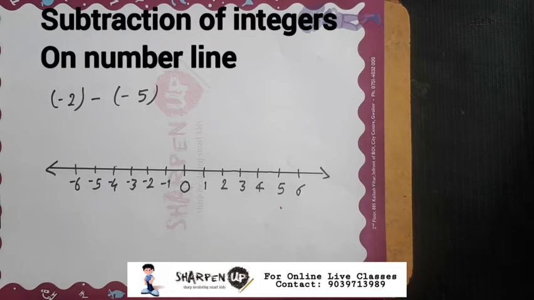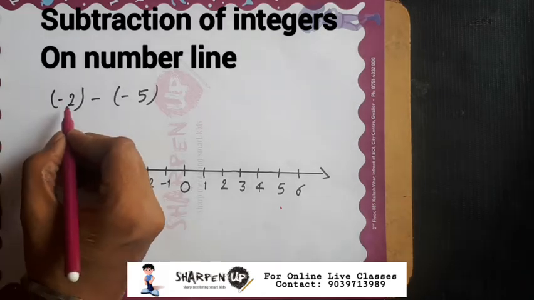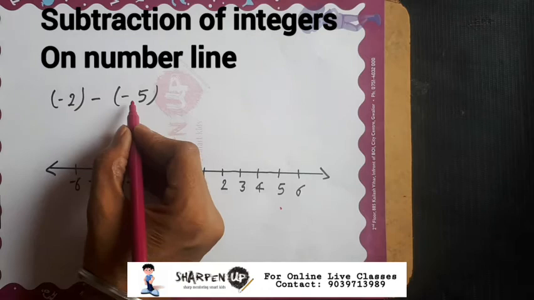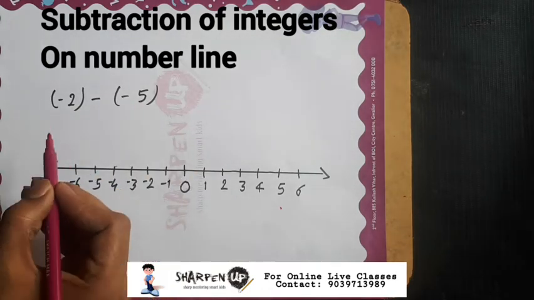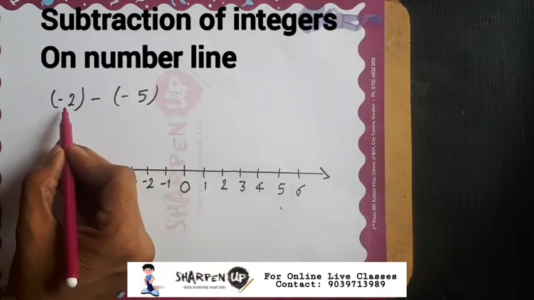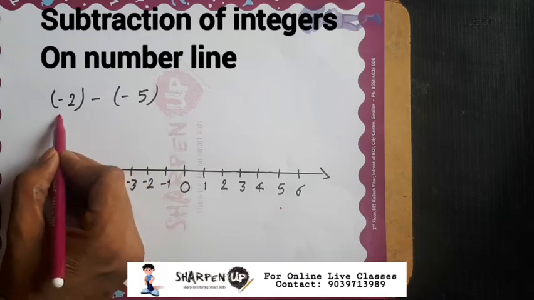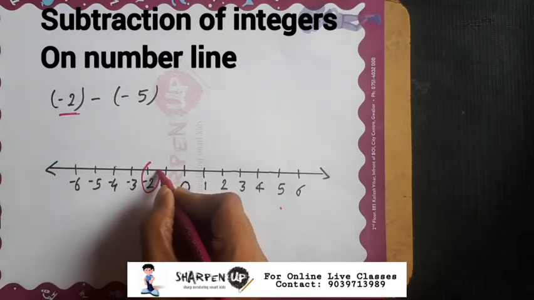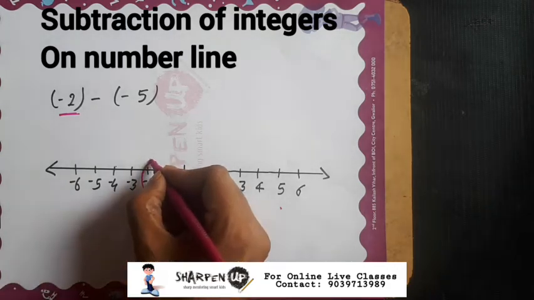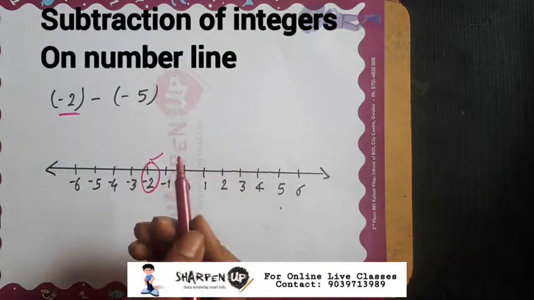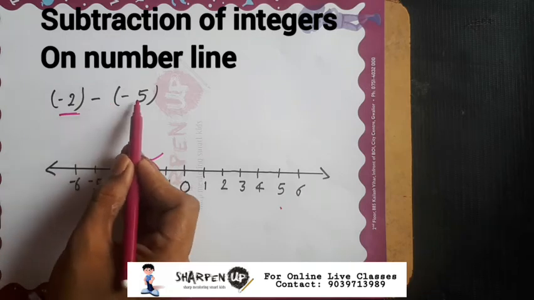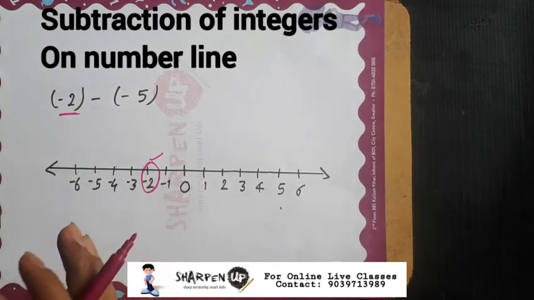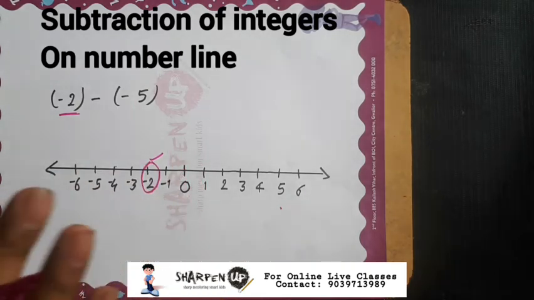Subtraction of integers. Here we have two integers, minus 2 and minus 5, and we are subtracting minus 5 from minus 2. As we know, the first number represents where we are right now on the number line. So this is minus 2. Now which direction do we have to go if we are subtracting minus 5? You will use the same method.